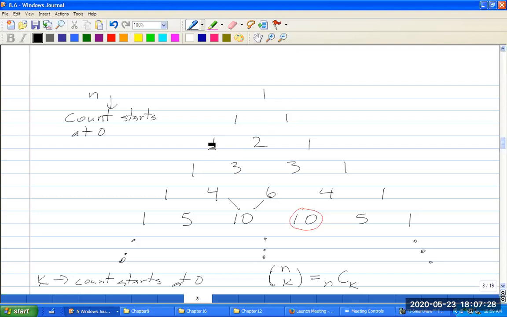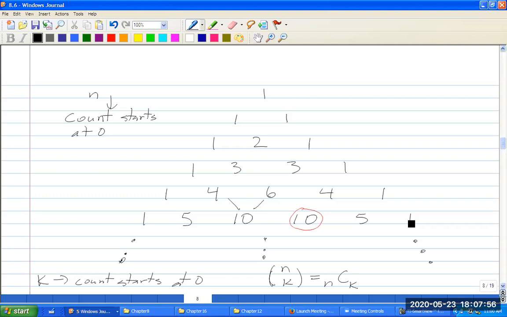Drop down the 1, 1 plus 2, 3. 2 plus 1, 3. Drop down the 1, 1, 4, 6, 4. Drop down the 1. 1 plus 4, 5. 4 plus 6, 10. 6 plus 4, 10. 4 plus 1, 5. Drop down the 1. And you keep going.